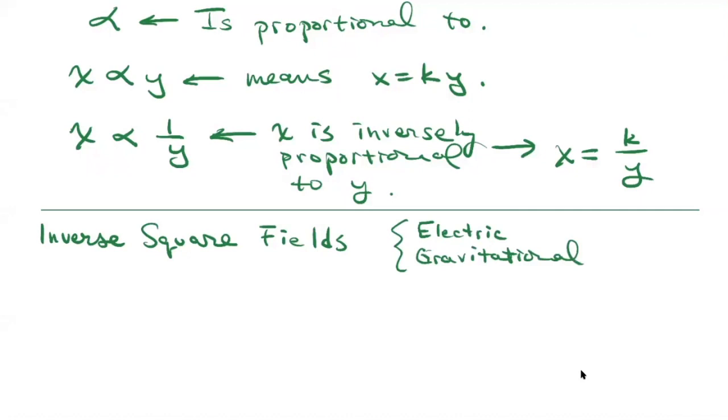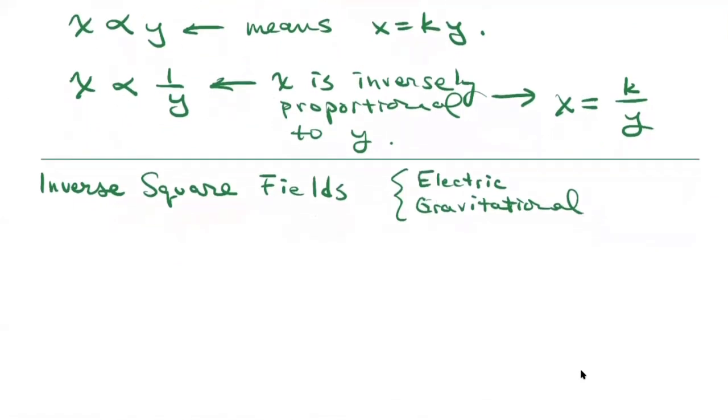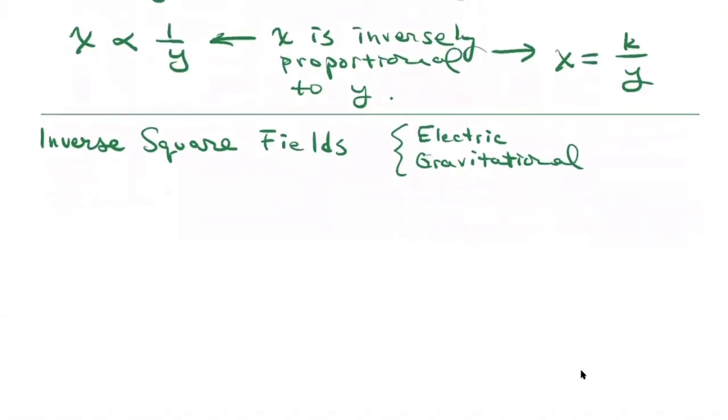And I don't know what else. I know there are other fields that particles live in quantum mechanics, and I know that the Higgs particle lives in a Higgs field, but I don't think that's an inverse square field.